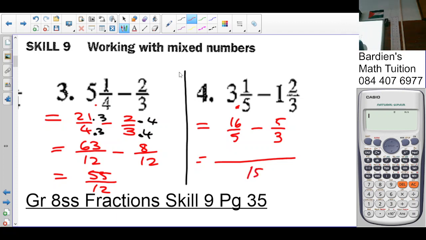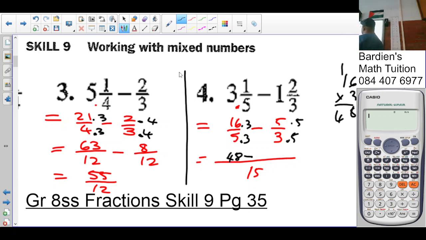So I must multiply 5 by 3, and 3 by 5. So 16 times 3 is 48. Correct? Minus 10. So again we say 48 minus 10 is 38. You all agree with that?